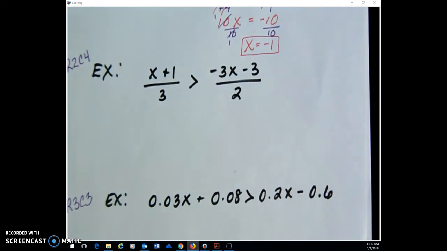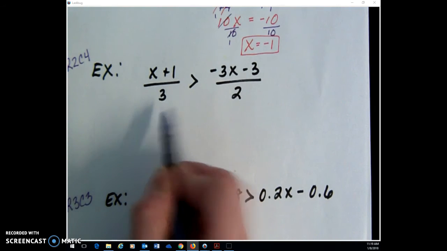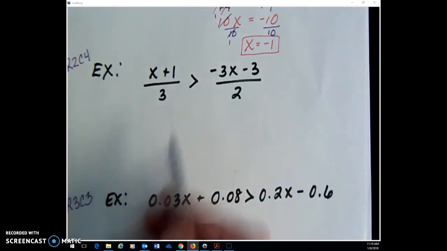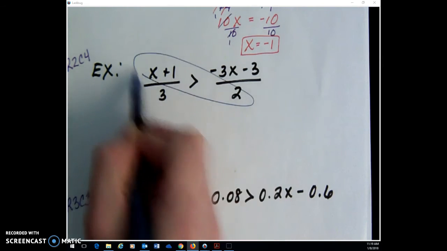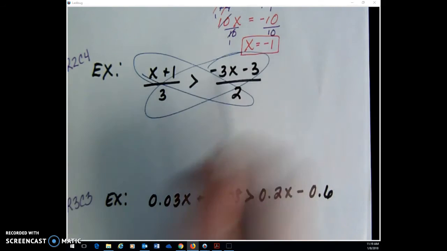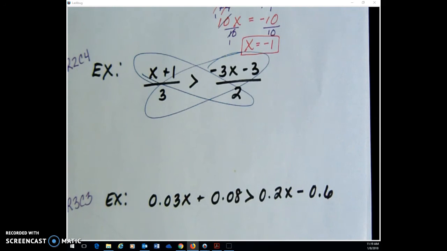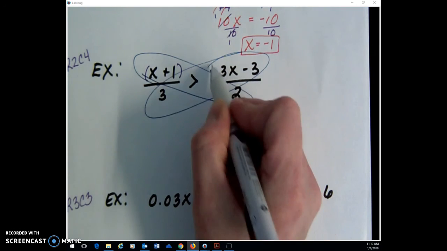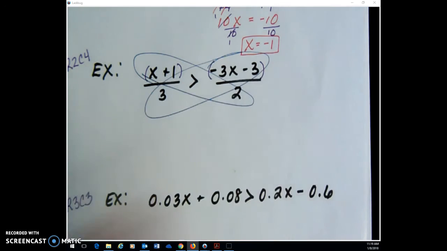So this one, whenever you have a ratio set less than, or equal to, or greater than another ratio, we can do what's called cross multiply. Hopefully you've seen this before. One thing to know is that anything in a numerator or a denominator is actually a quantity, and it's understood to have parentheses around it.